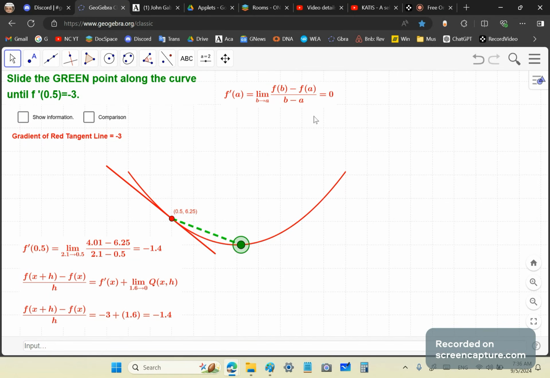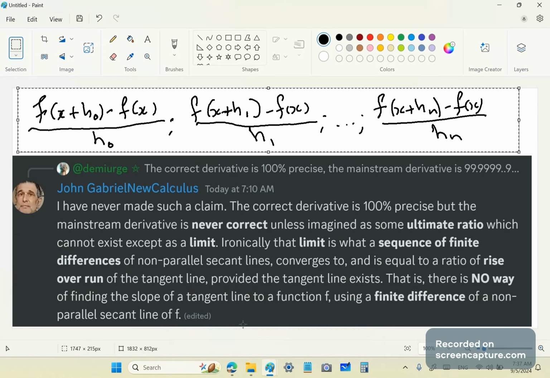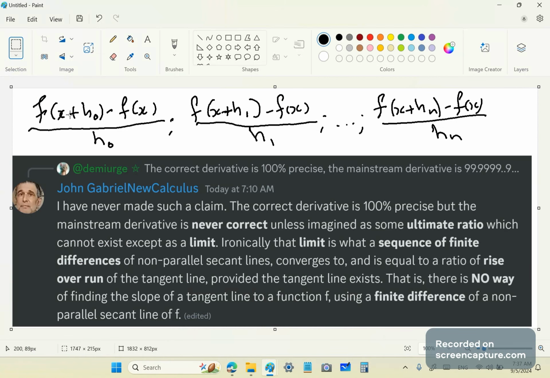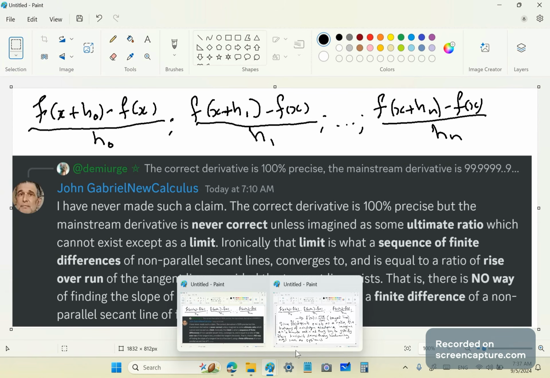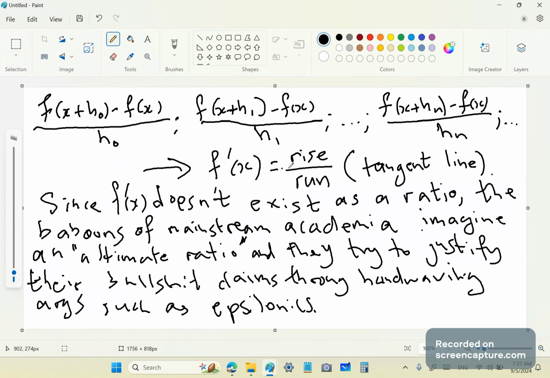Okay, let's go through this slowly. So what these imbeciles of mainstream math are telling you is that you've got a function like this in f, and that you're taking different distances from x, as you see over here, and then suddenly, as soon as you get to f prime of x, which is, by the way, this is just a symbol, okay?